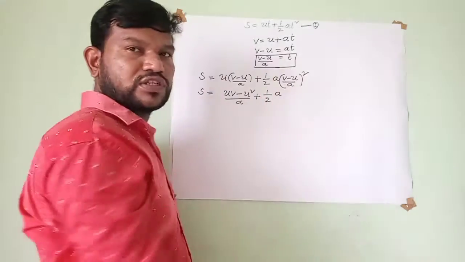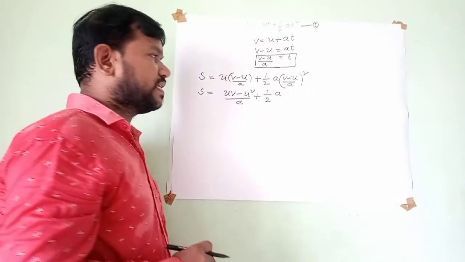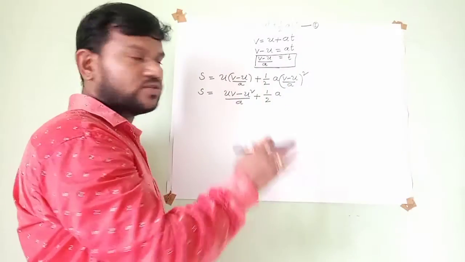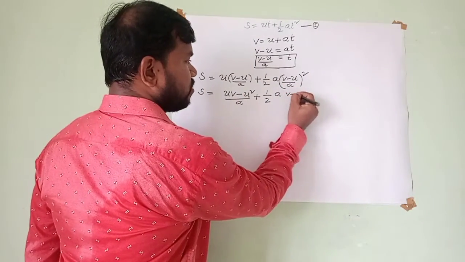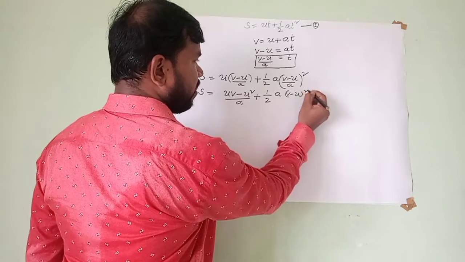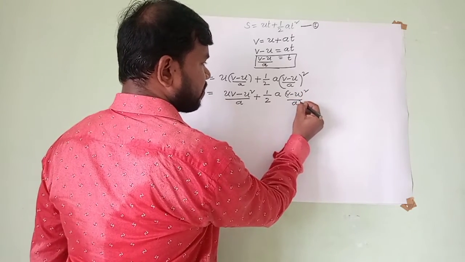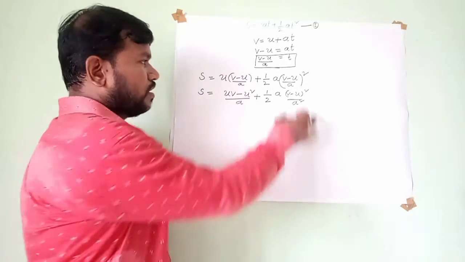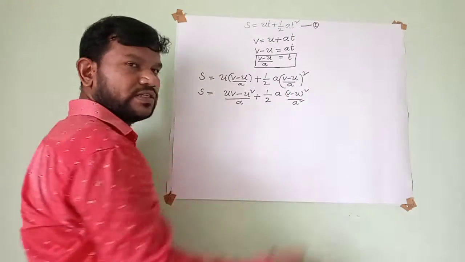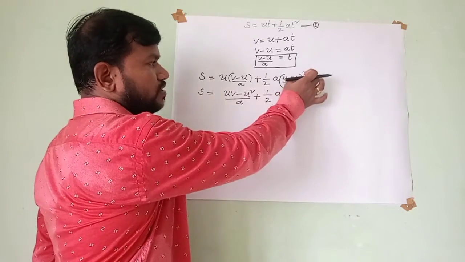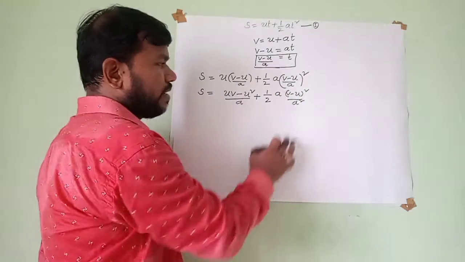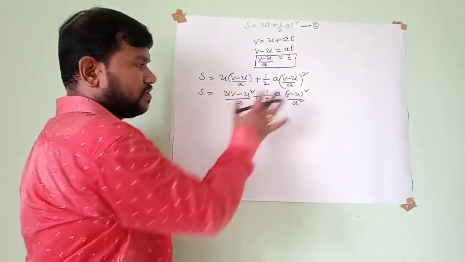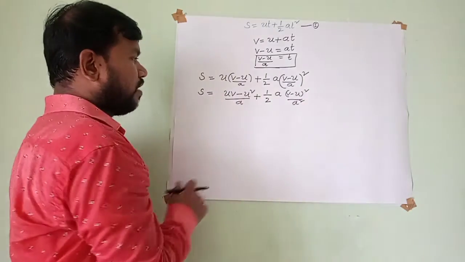So a by b whole square means a square by b square. So here v minus u by a whole square is there, so I am writing v minus u whole square by a square. Observe clearly, students.